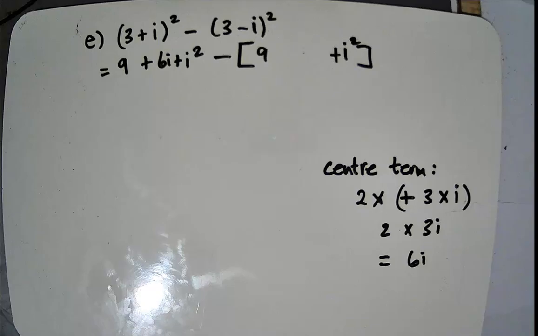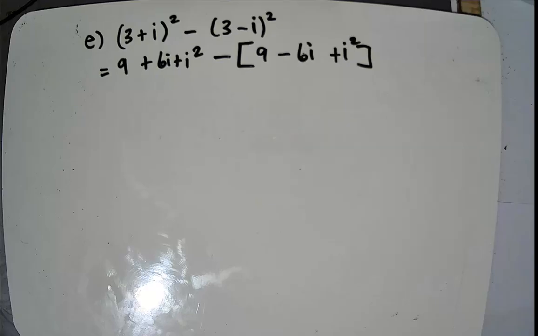For the center term, we'll say 2 times 3 times i with a negative sign in front. So 3 times negative i gives me negative 3i. Multiplied by 2, I get negative 6i. So I have all that's on the outside here, subtract all of this.